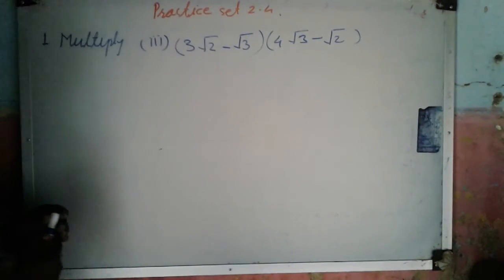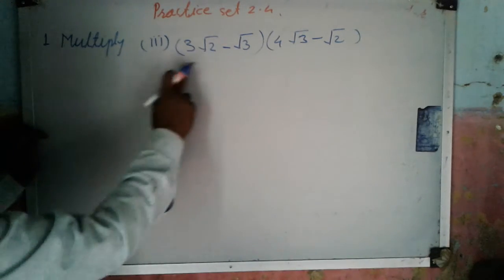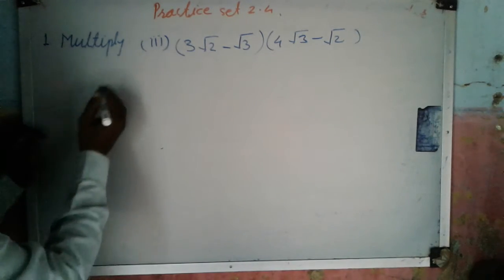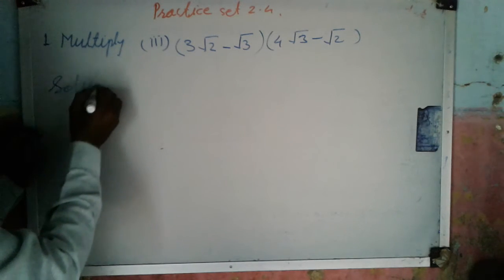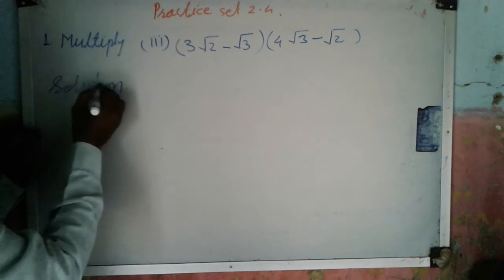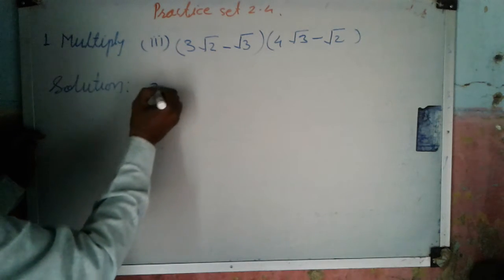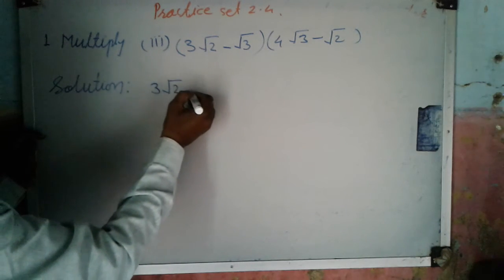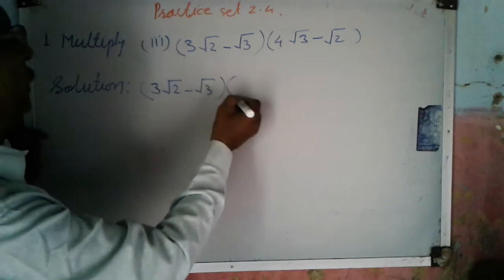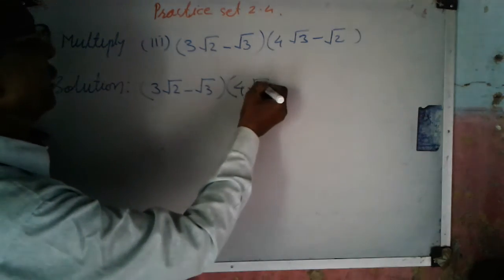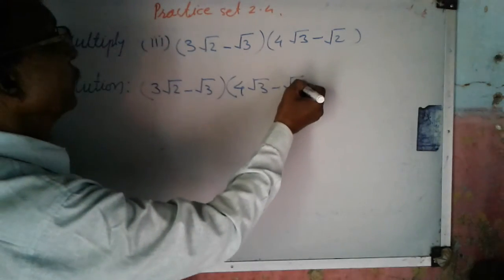Practice set 2.4, question number 1, multiply, example number 3. Here our given example is the bracket 3 root 2 minus root 3, bracket completes, into the bracket 4 root 3 minus root 2.